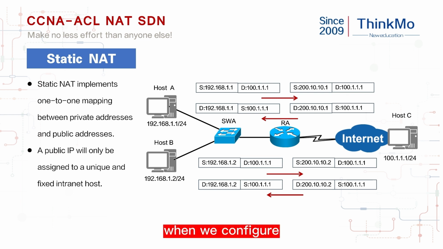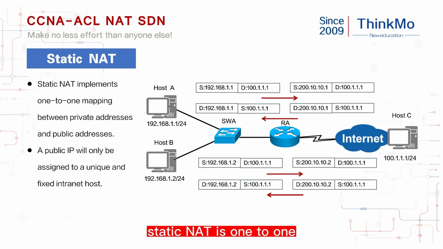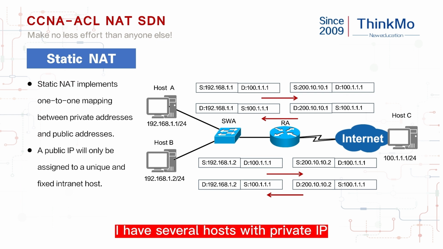When we configure, there are many ways to implement NAT. Static NAT is one-to-one between private network addresses and public network addresses. One-to-one means: if I have several hosts with private IPs, there must be several public network IP addresses for them to map to. Do you think this method is useful?